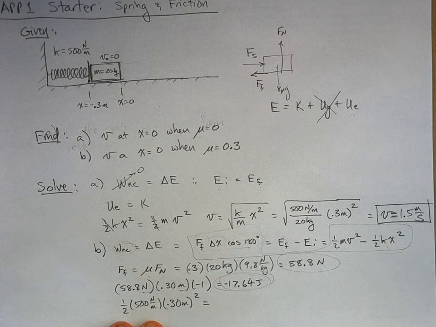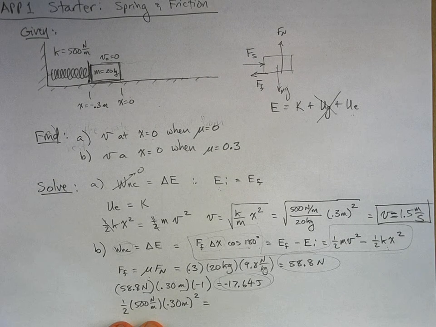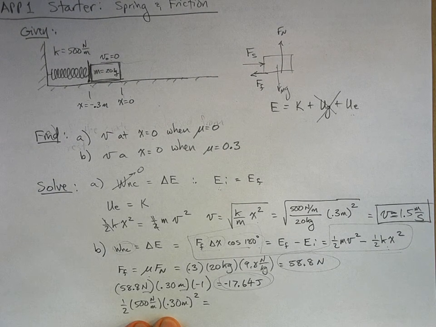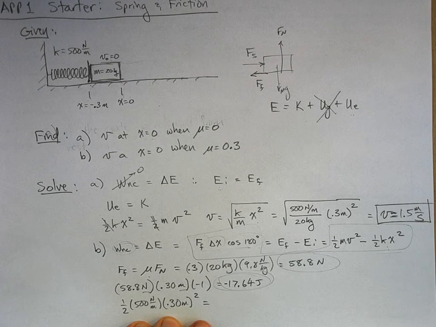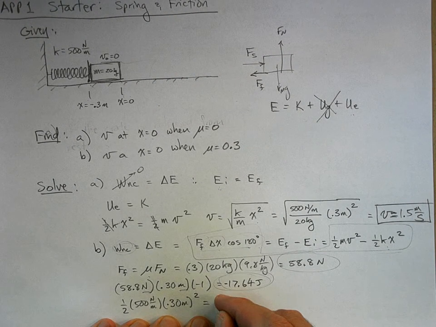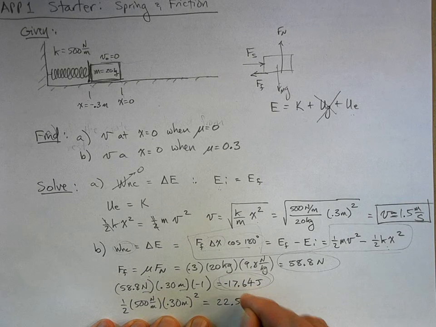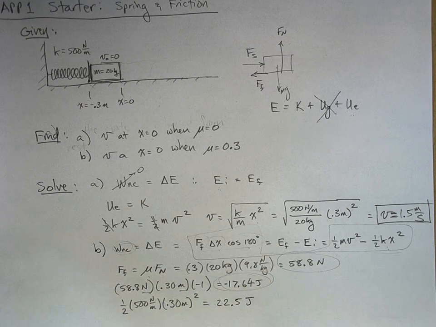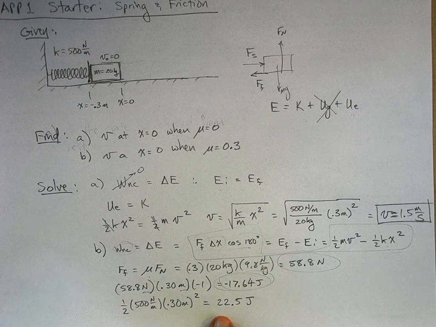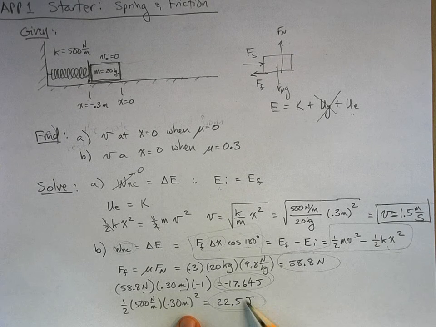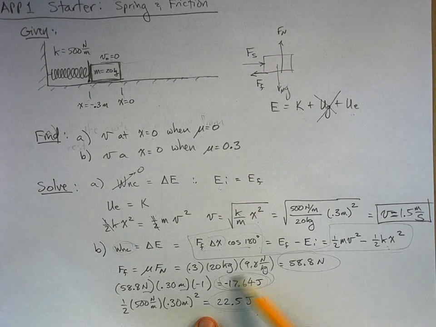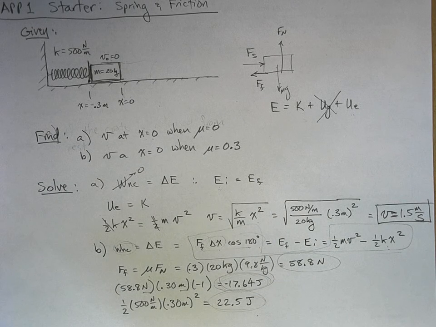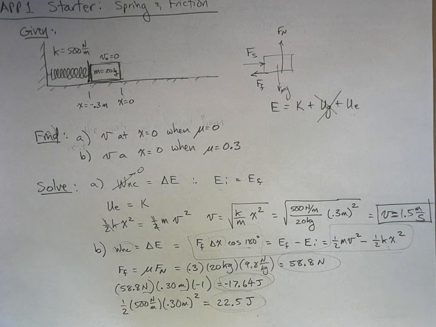So 0.5 times 500 times 0.3 squared, and we get 22.5. So look, here's what this is saying. We started off with this much energy stored in the spring. Friction took this much energy away. So how much energy is left to be kinetic energy?